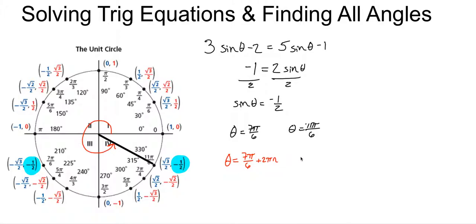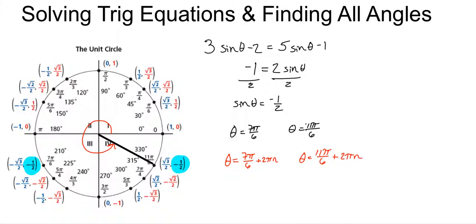So here we're going to have theta is equal to 11 pi over 6 radians plus, again, that full rotation of 2 pi, however many times we want to go around, n. So this is going to be the total number of solutions for this equation right here. So it's really going to be an infinite number of solutions.